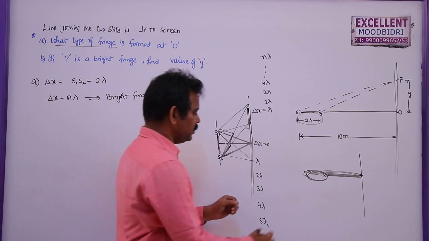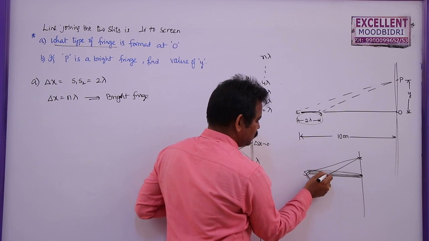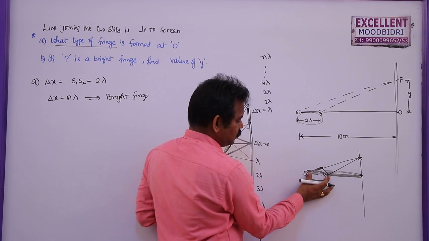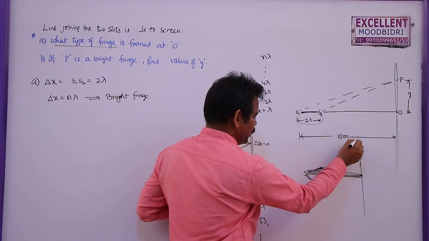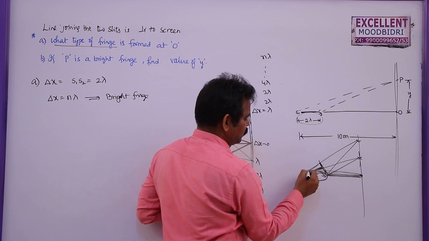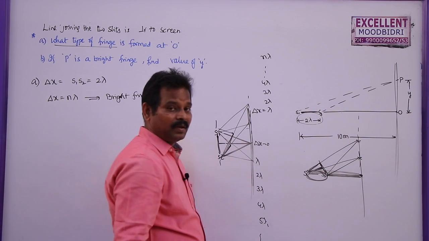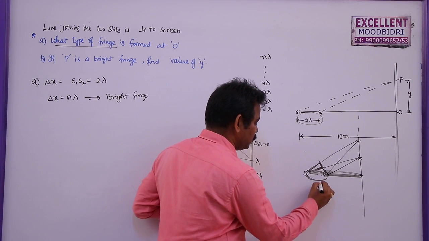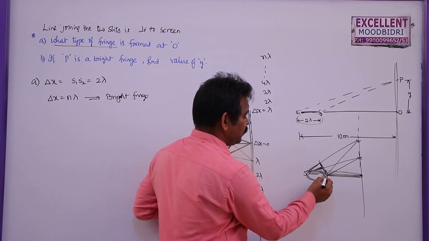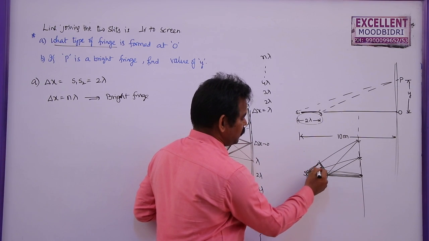But in this case, if you take this point, this is the path difference here, which is less than 2 lambda. Now, if you move away from this one, slowly the path difference will decrease, that is, less than 2 lambda. It cannot be greater than 2 lambda because this is the hypotenuse of the triangles formed here.